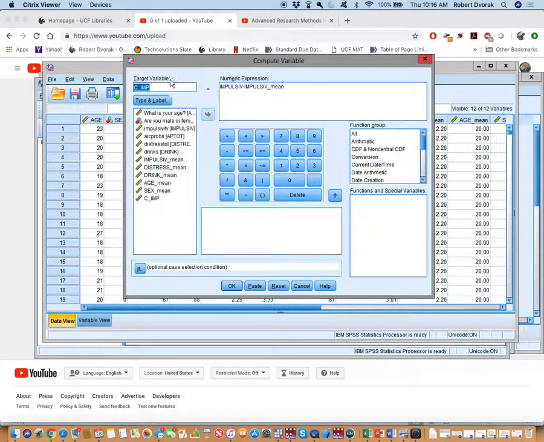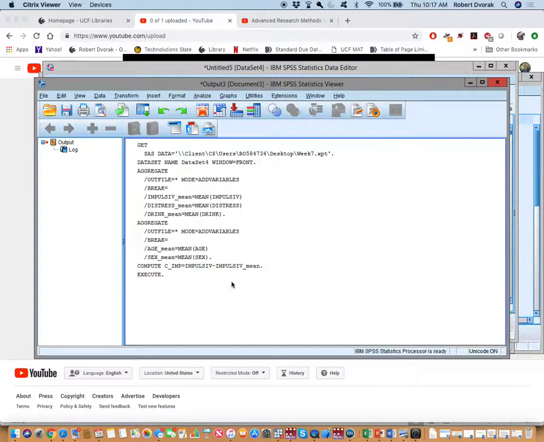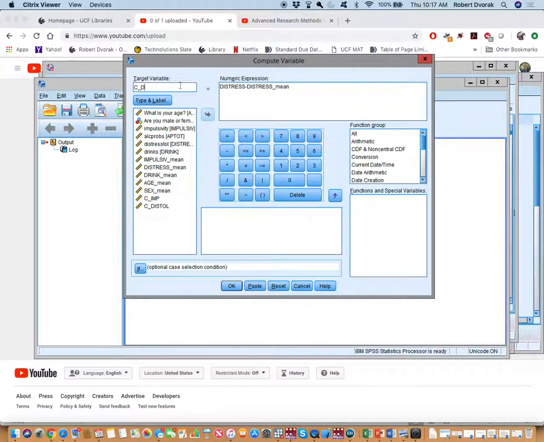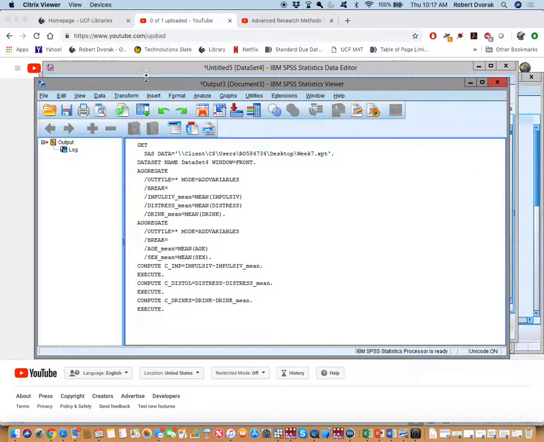Transform, compute, C distress tol is distress tolerance minus mean distress tolerance, right? Go. Transform, compute, C drinks is drinks minus mean drinks. Hit go.